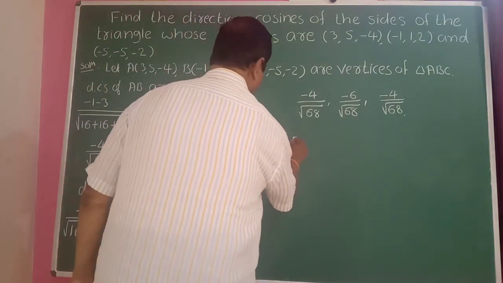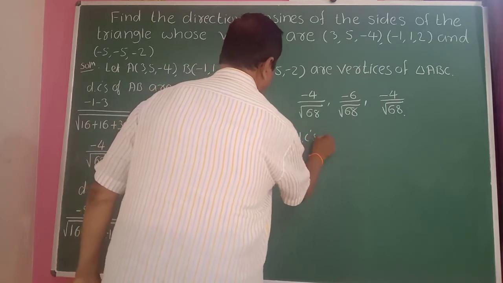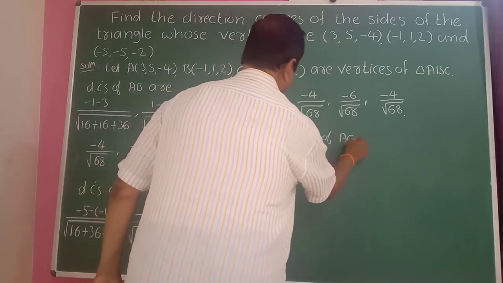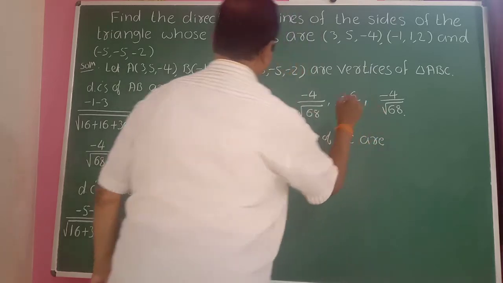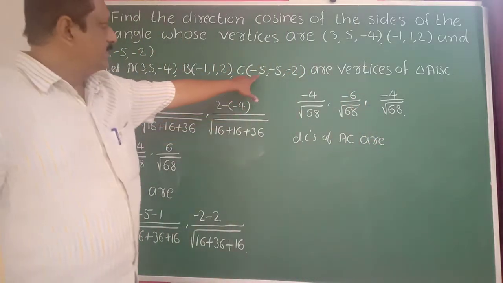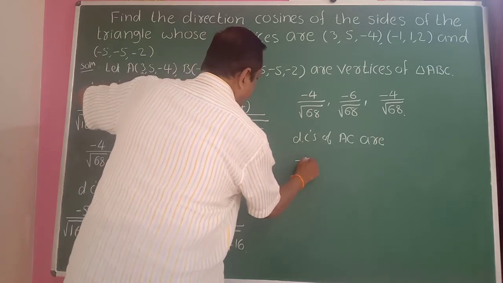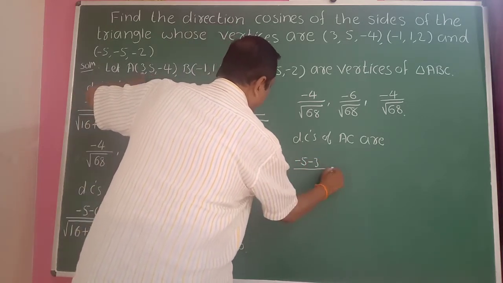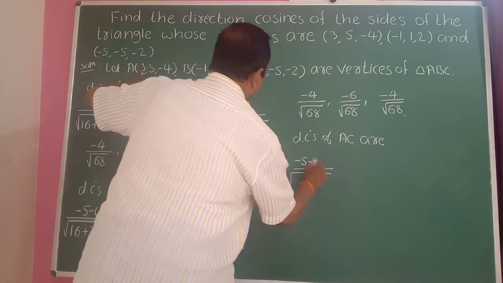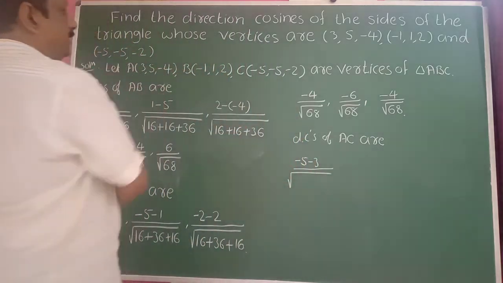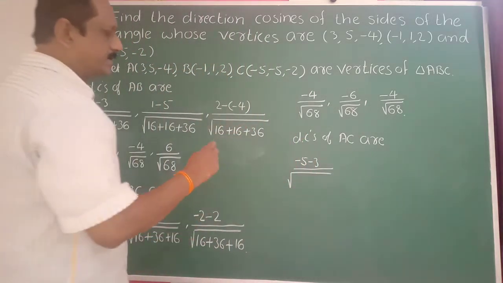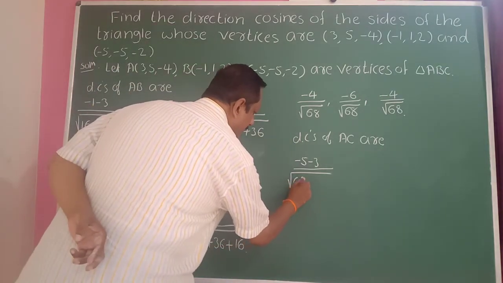Direction cosines here. So the direction cosines of the side AC are: minus 5 minus 3, divided by root of (minus 5 minus 3, minus 8, 8 square is 64) here.